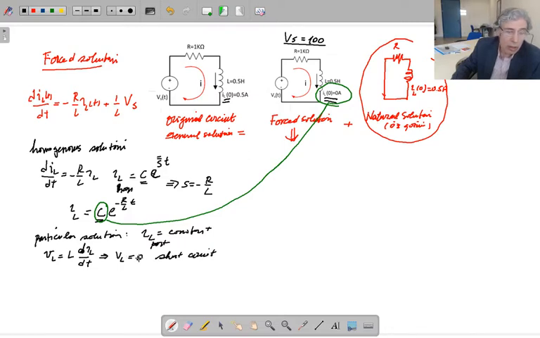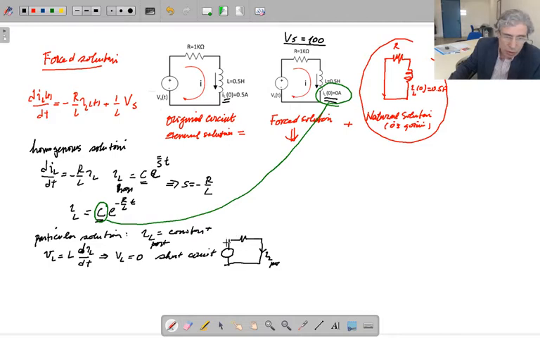This inductor is a short circuit. So my circuit becomes this. I am looking for this current, and this current is going to be my particular solution.